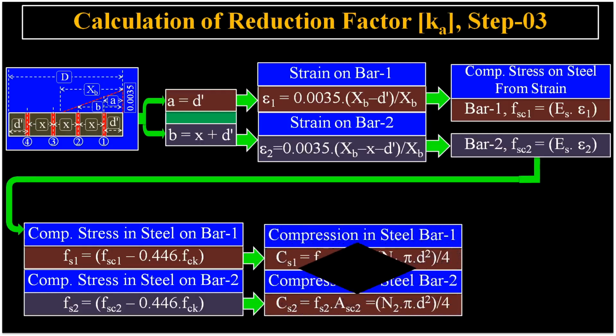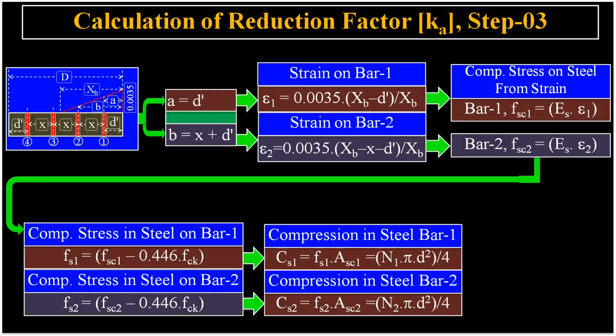Total compressive force on steel. Compression in steel bar 1. Say, compressive force on bar 1 is CS1. Then, CS1 equals Fs1 multiplied by ASC1.